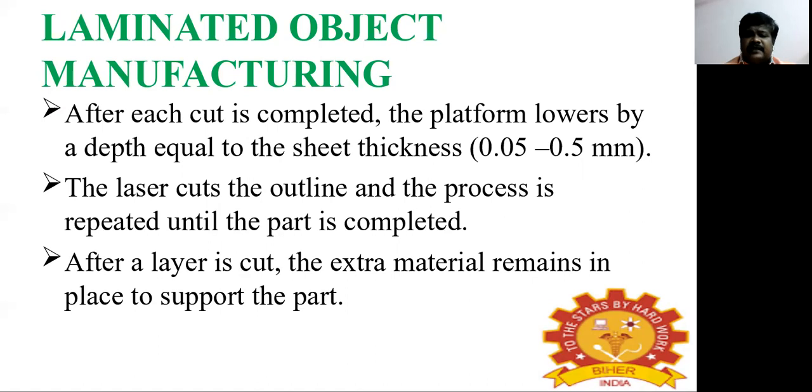The laser cuts the outline, and the process is repeated till the part is completed. Whenever a layer is cut, the extra material remains in place to support the part.